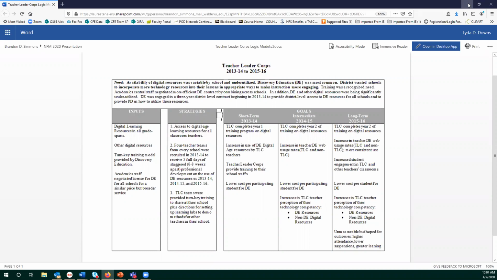And you can see how each goal is aligned to the next intermediate goal and long-term goal. You'll also see that while we were trying to improve the usage, we were also looking to be cost effective. So what we wanted to measure was with the increased usage, we were actually getting more bang for our buck and a lower cost per student who was participating in DE or Discovery Education.